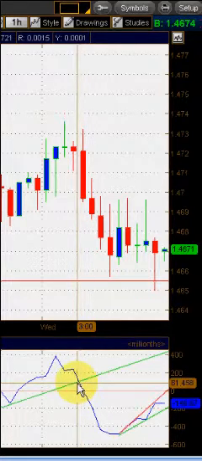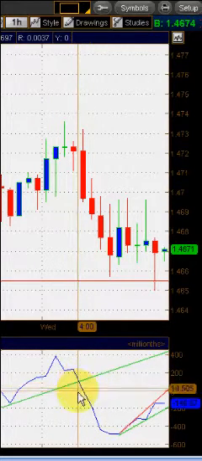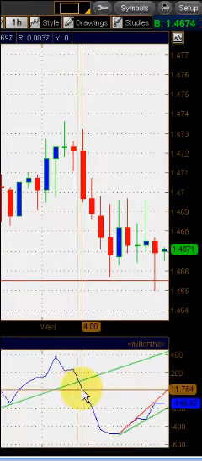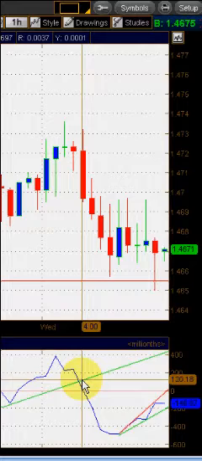So it's point to point. You can't see the bend in the line that creates the point because it's a smooth flow, but that's the point for this candle right here.